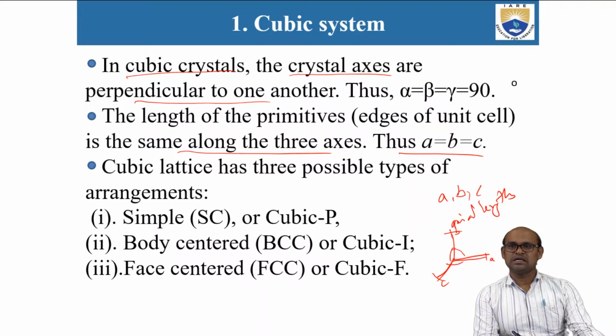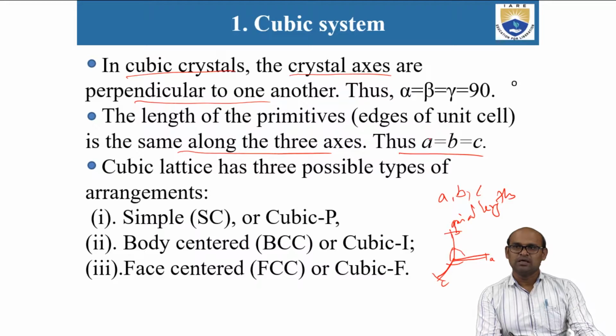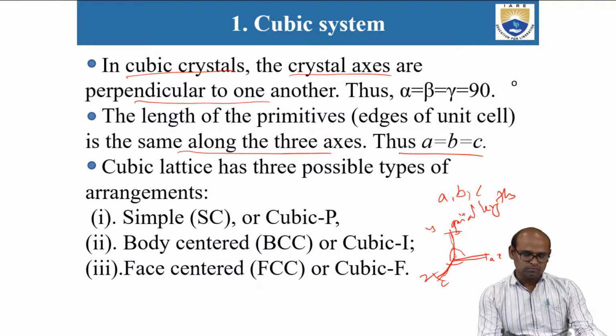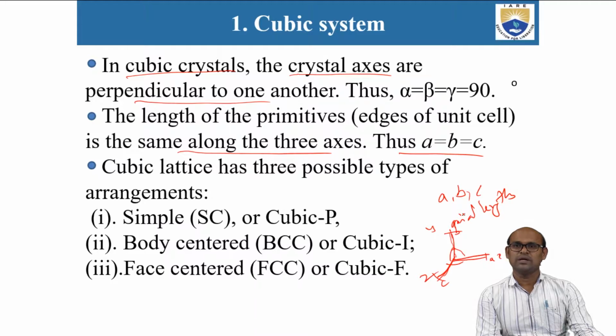All the axial lengths are the same, and all these crystal axes are perpendicular to each other. If I say these are X, Y, Z, then A, B, C are the lengths. These 3 axes are perpendicular to each other.